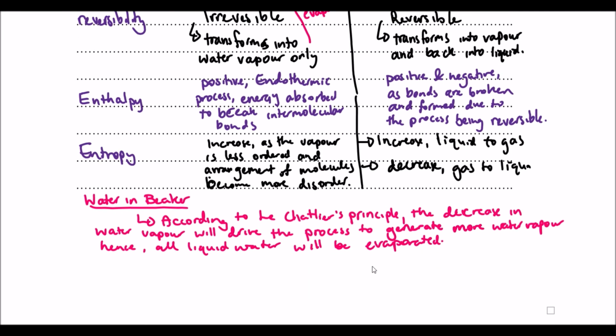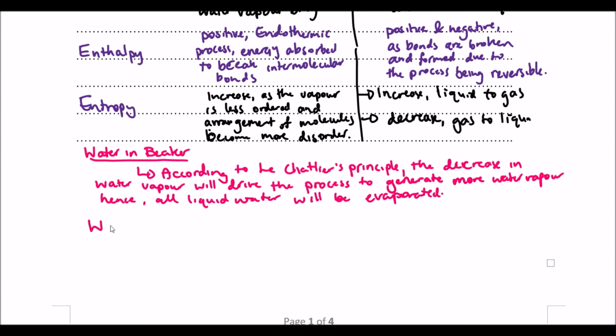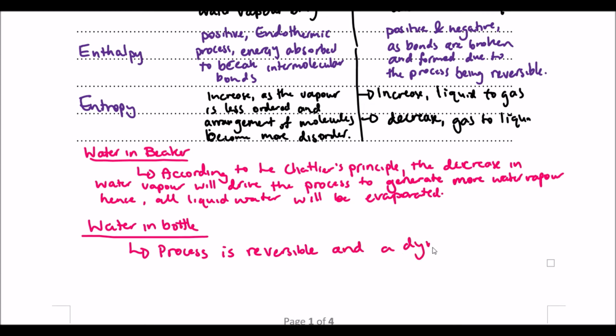If we look at the water in the sealed bottle, the process is reversible, and a dynamic equilibrium can be established. Hence, the quantity of water will remain the same in the bottle as at the start of the process.